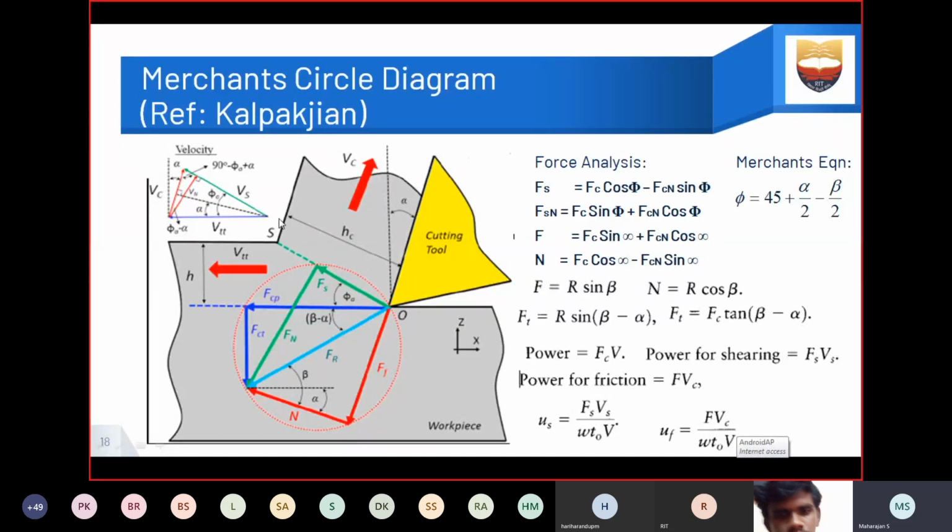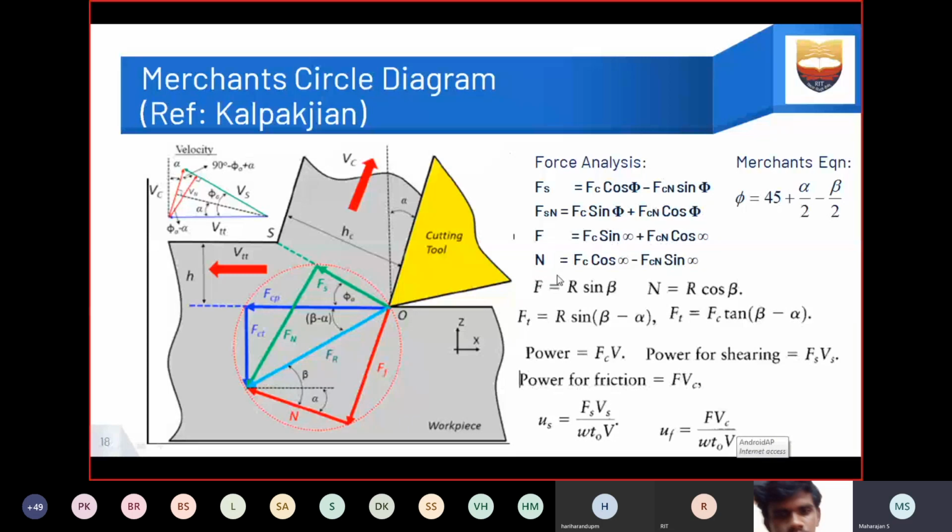For the power for friction, we should know the frictional force and multiply it with the chip velocity. So we get the energy required for the cutting or machining action.